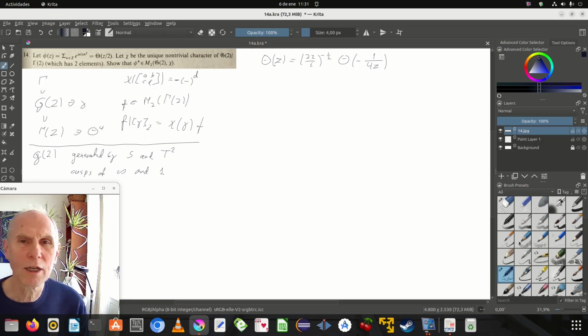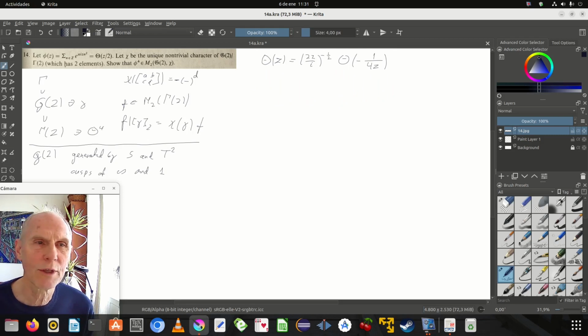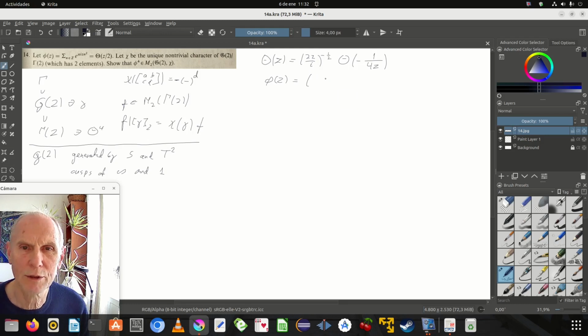Then I wrote up the transformation formula for capital theta. So we need the transformation formula for minuscule theta. So we substitute z halves. That looks like number 2.